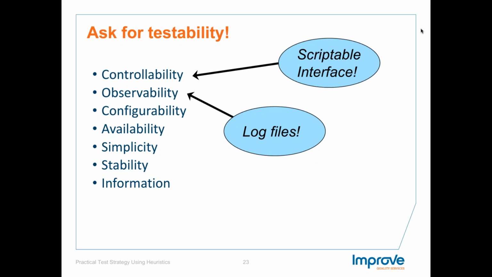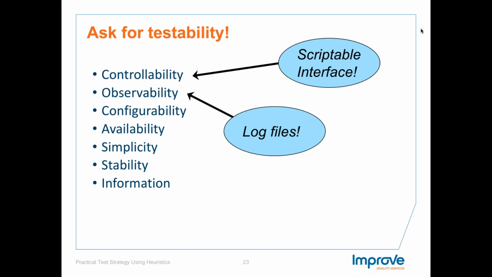The more the product is available and the simpler it is, the easier it is to test. If it's not stable, you're going to run into a lot of issues while testing. So you might want to have a stable product. Make sure that your team does unit and integration testing before you start attacking the product. The more information you have, the easier it is to test. So start asking questions.